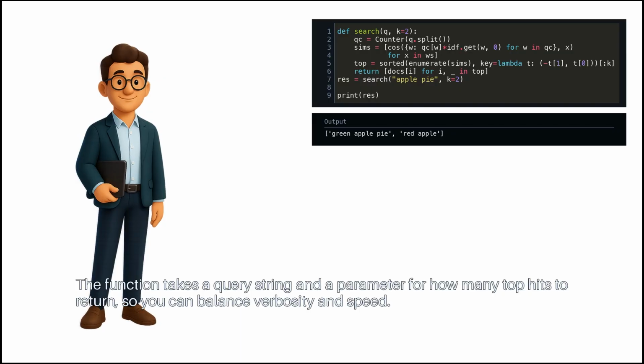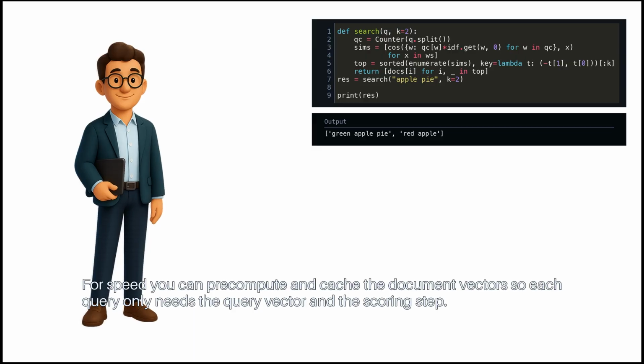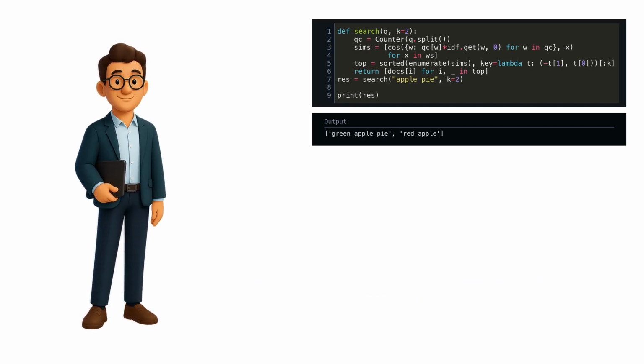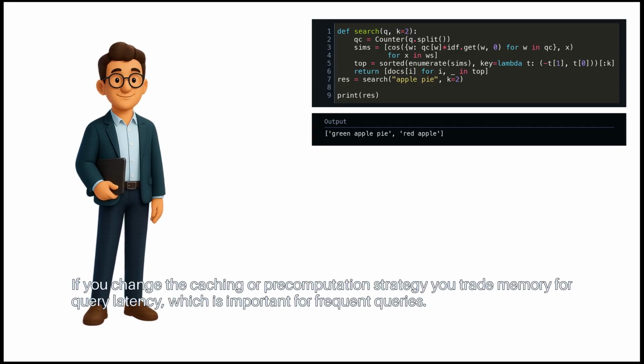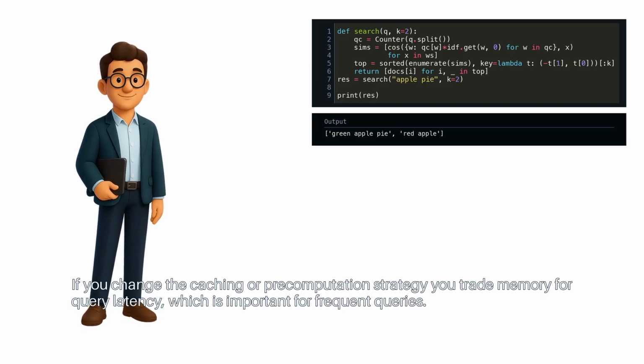The function takes a query string and a parameter for how many top hits to return, so you can balance verbosity and speed. For speed, you can pre-compute and cache the document vectors, so each query only needs the query vector and the scoring step. If you change the caching or pre-computation strategy, you trade memory for query latency, which is important for frequent queries.